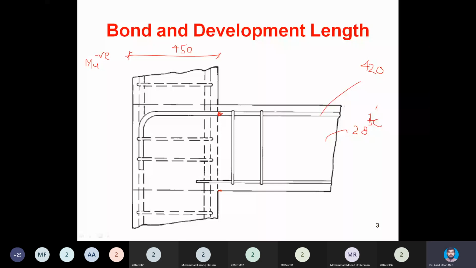And you normally think that the cross section is tension controlled, under reinforced, so steel will yield excessively. It will touch 0.005 or bigger. Finally, concrete will burst, will crush at the compression side. This can happen only if your bar is gripped on either side of the maximum stressed section.